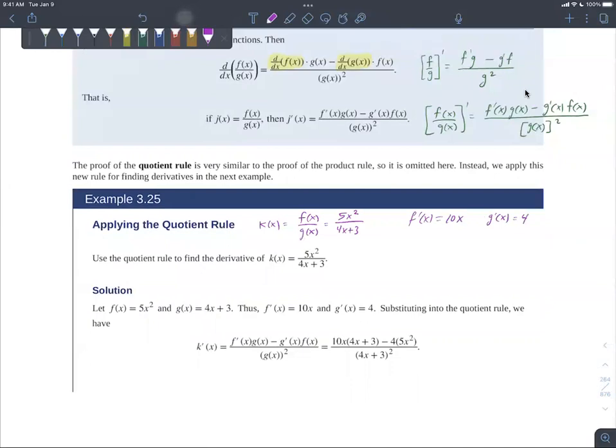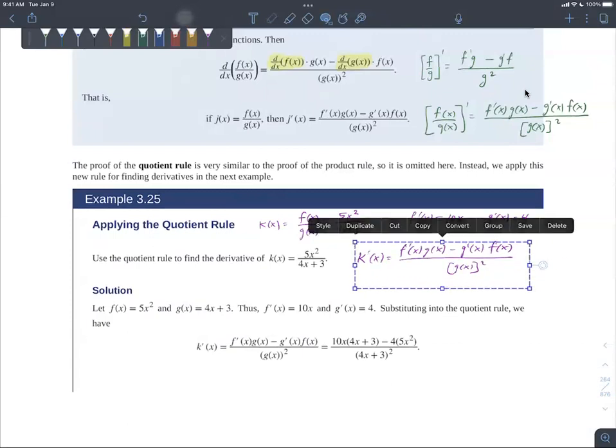And so according to the quotient rule, k prime of x is equal to f prime of x times g of x minus g prime of x times f of x all over g of x squared. So let's just plug in. We have all of these functions now.